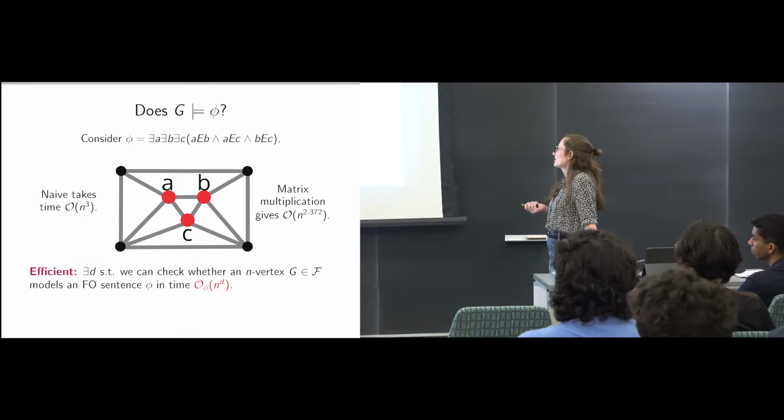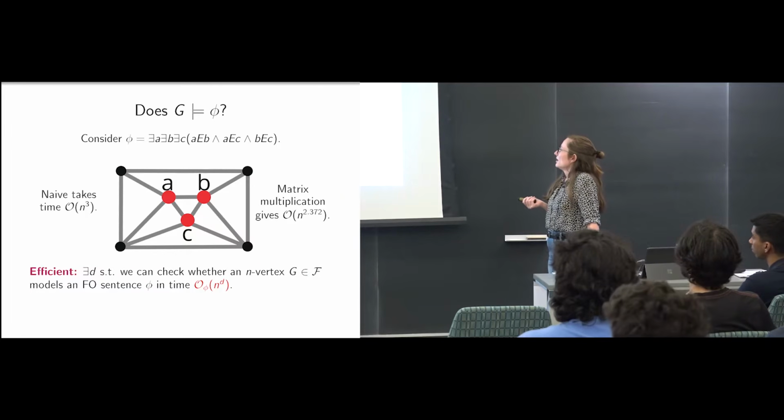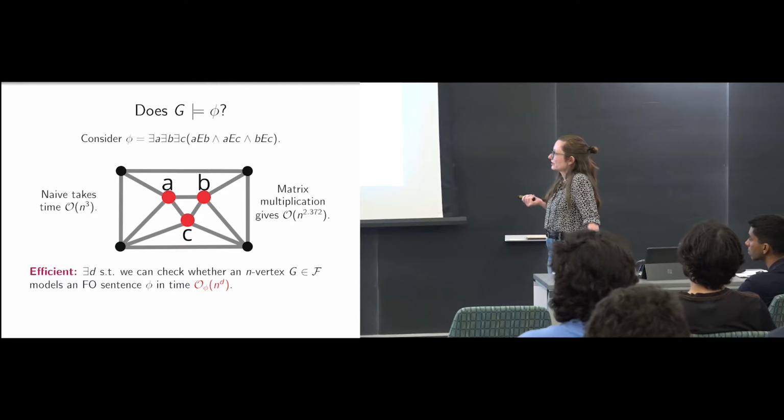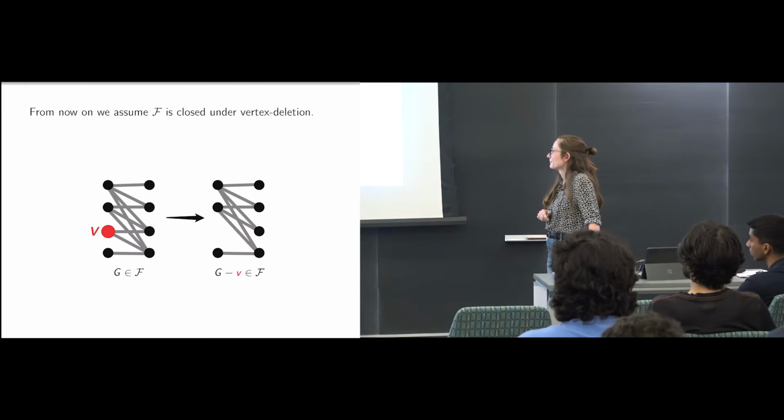All right, I put up the definition of efficient again. There exists a d so that you can check whether an n-vertex graph in the class models a first order sentence phi in this kind of time. And really, you want something explicit about what the time is. From now on, I'm going to assume that the class is closed under vertex deletion.